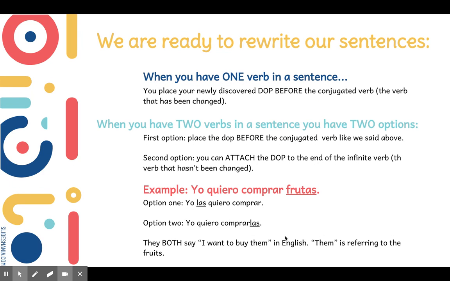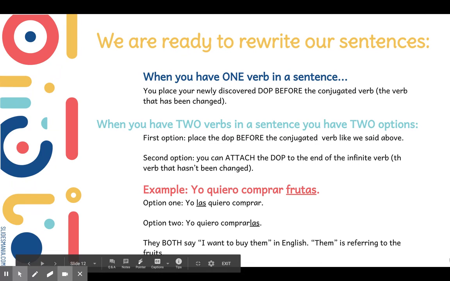Now that we know how to identify our DO and we know how to replace our DO with a DOP, we're ready to learn how to rewrite our sentences, right? So we're rewriting "I love Samuel" to "I love him," okay? Things like that. So when you have one verb in a sentence, you're going to place that newly discovered DOP before the conjugated verb.